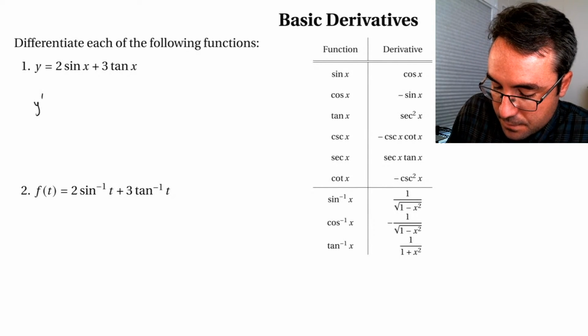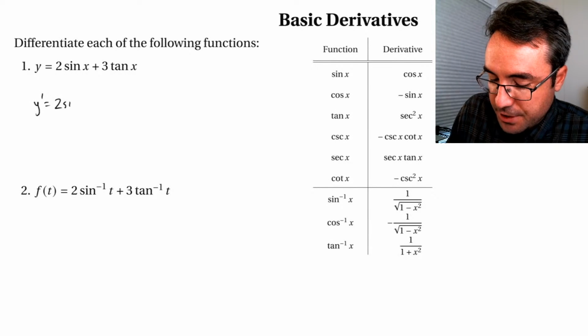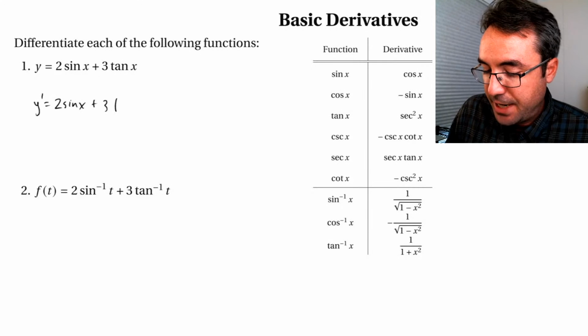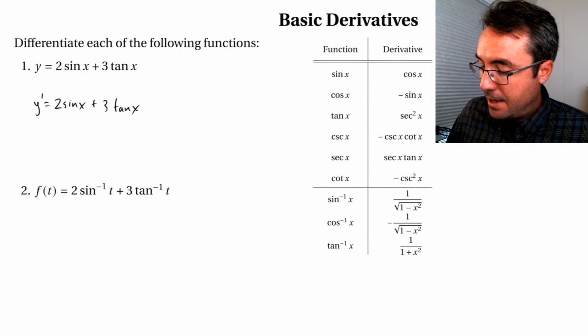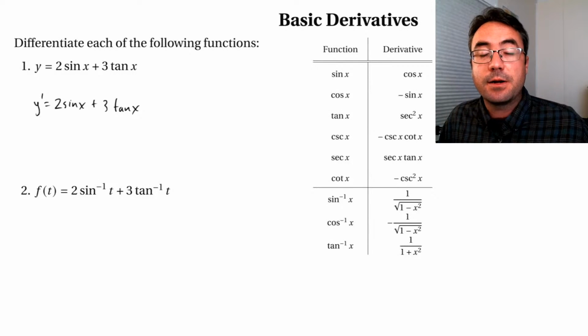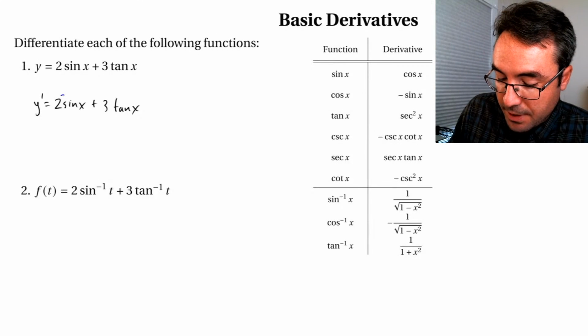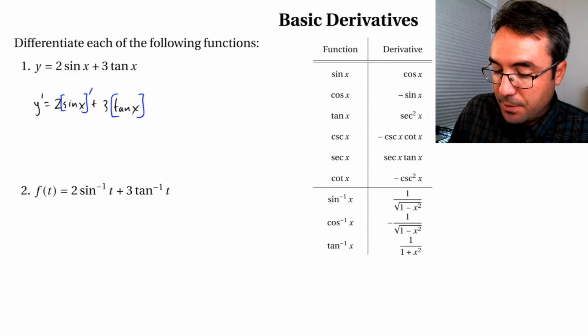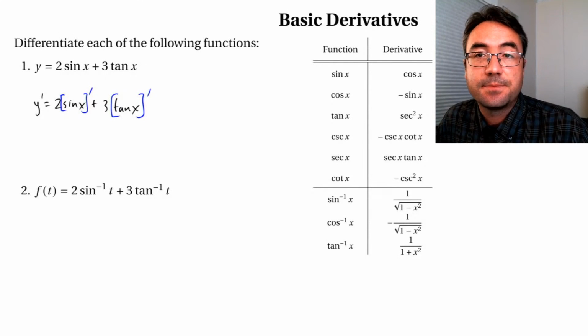Well, just rewrite our function: 2 times sine x, that's our first term, plus 3 times tangent x. What we're going to do is apply the derivative to the variable part in each term. So we apply the derivative to the sine x, and in the second term we apply the derivative to the tan x.